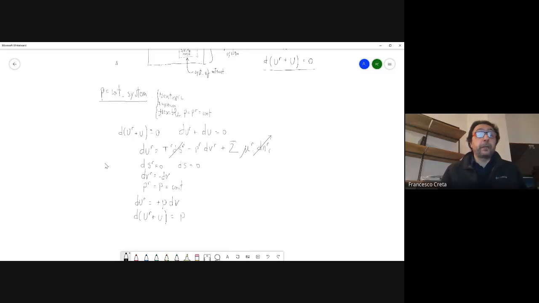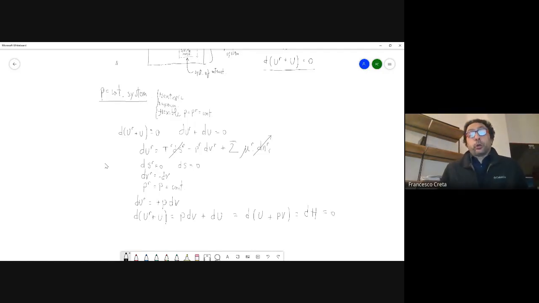So it's PdV plus dU, and P is constant. So this can be expressed very simply as U plus PV, which is enthalpy, okay? And that must be equal to 0.